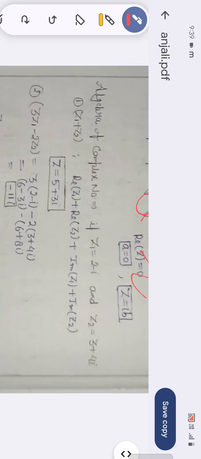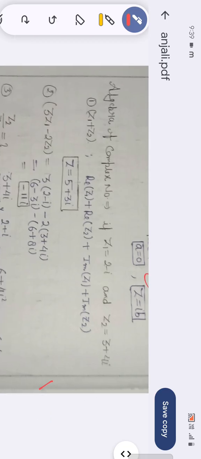Then next, algebra of complex numbers. Algebra of complex numbers means if we add two complex numbers, what will we find? If we add two complex numbers, we separate the real numbers and we separate the imaginary numbers, then we can find the resulting complex number.